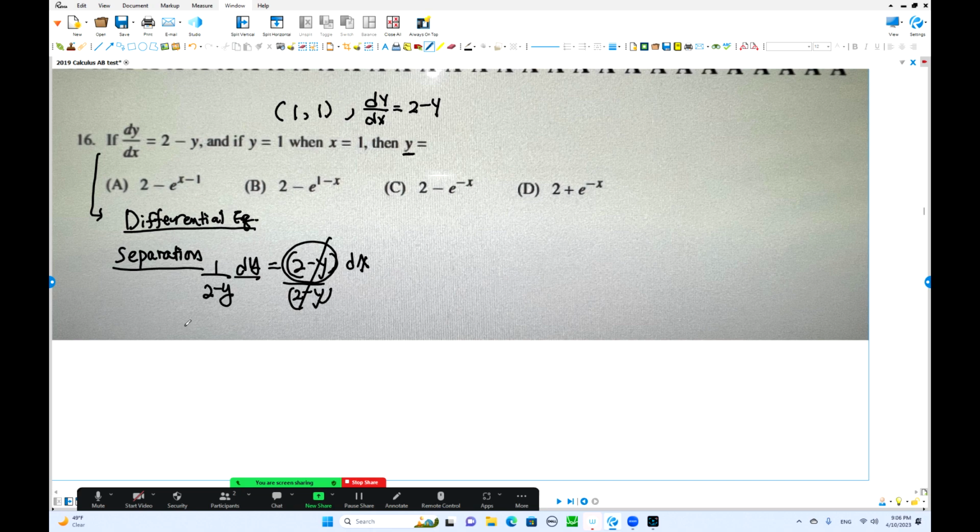Now we got this one: 1 over 2 minus y dy equals dx. I forgot dy there. This is separation. This differential equation is separable. We said, separable differential equations.